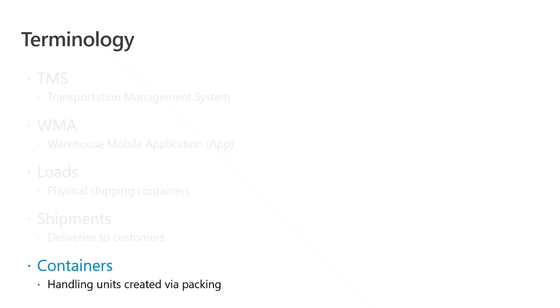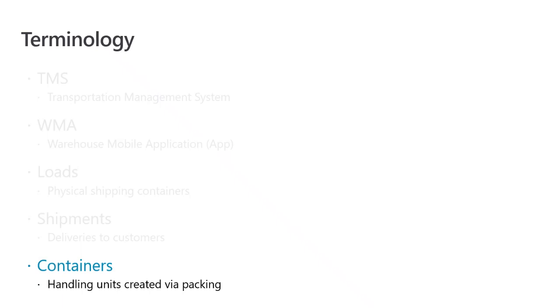And then finally, the last term here is containers, and this is also related to our shipments and loads. And containers are our handling units that we create when we're doing a packing process. That would be in the warehouse management module. But you create these containers. They might be an individual package that may be shipped via a parcel carrier.